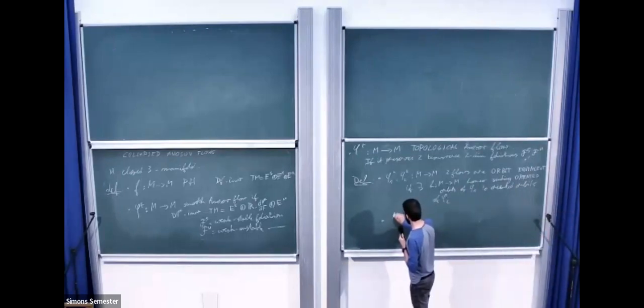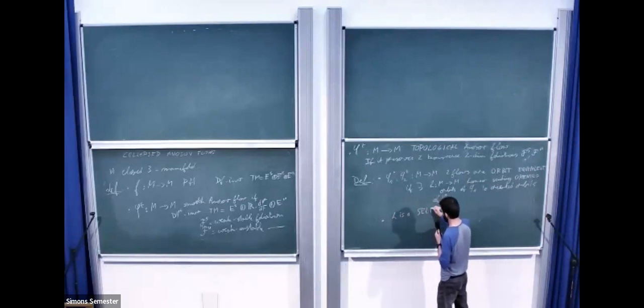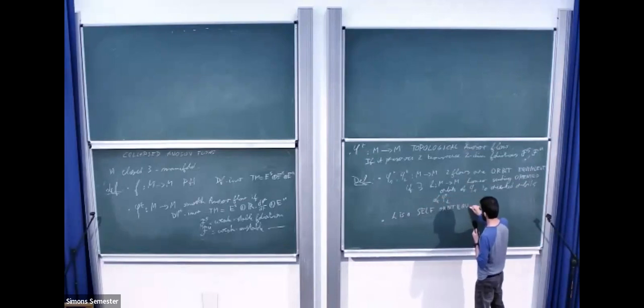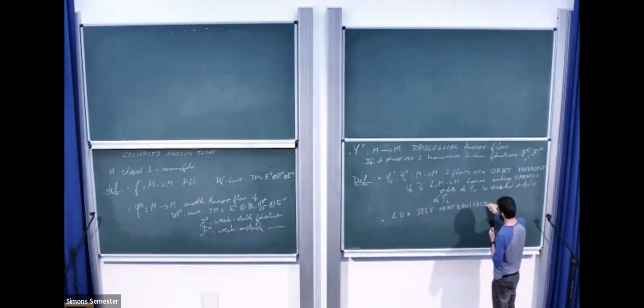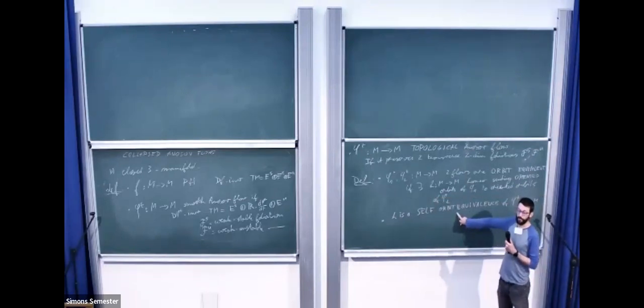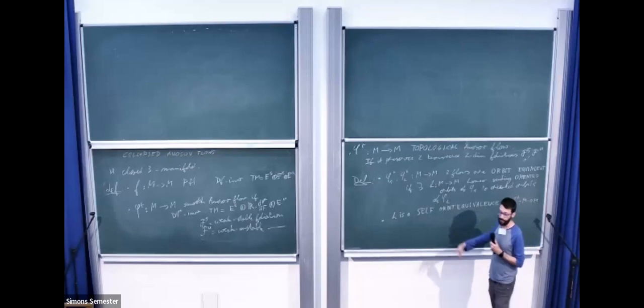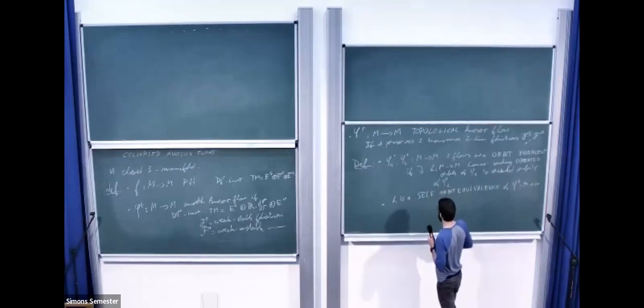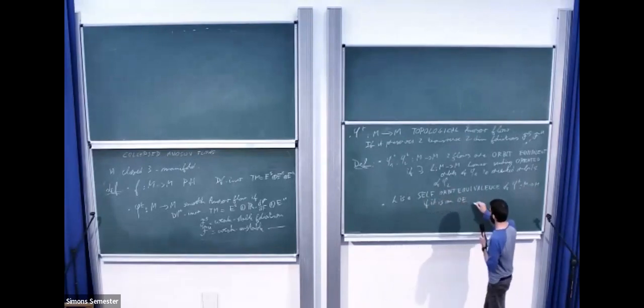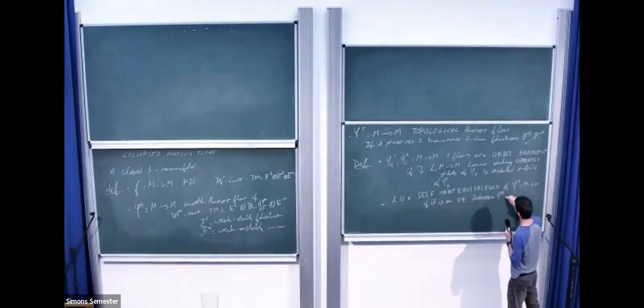So H is a self-orbit equivalence of a flow phi t if it is an orbit equivalence between phi t and itself.